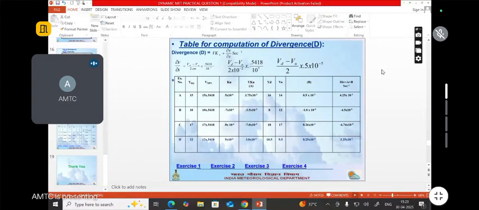So by that simple calculation, we have chosen these values, and then these values are combined A plus B, and you have a negative value, minus 4.5 or minus 5. So this is a convergence system. You have calculated the convergence for the second exercise, the divergence for the first.